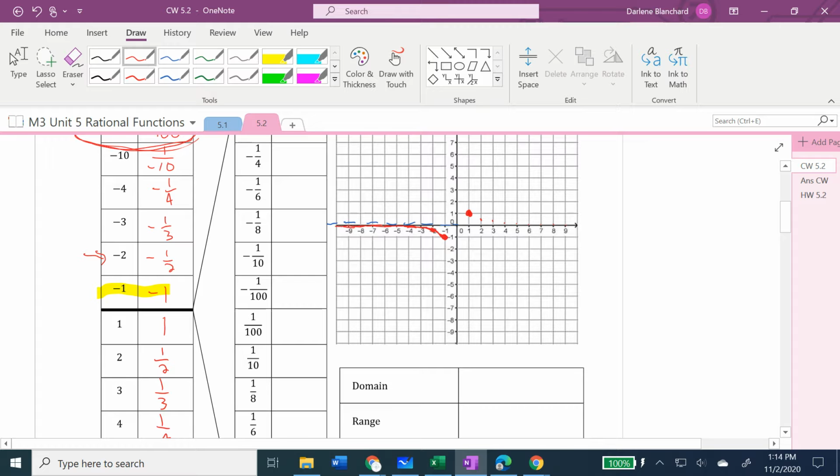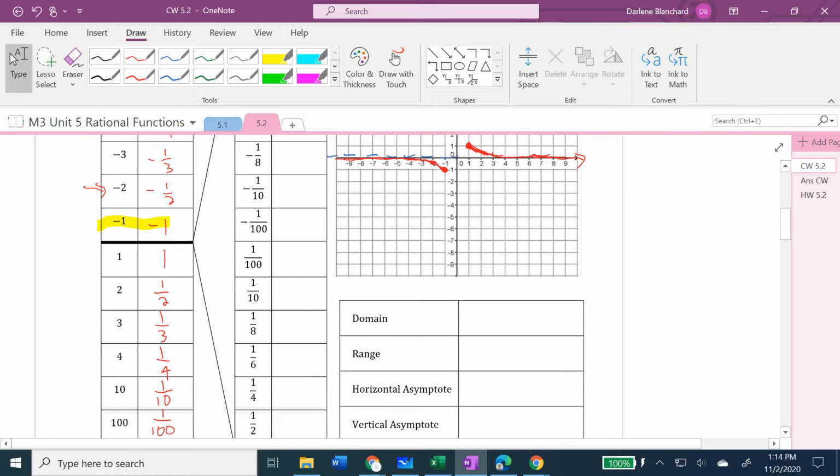And do you see that we have the same exact numbers but positive? And trying to draw isn't always working out well. And do you see that we're asymptoting again? And I have 100 there to get you to really see that 1 over 100 is really close to 0.